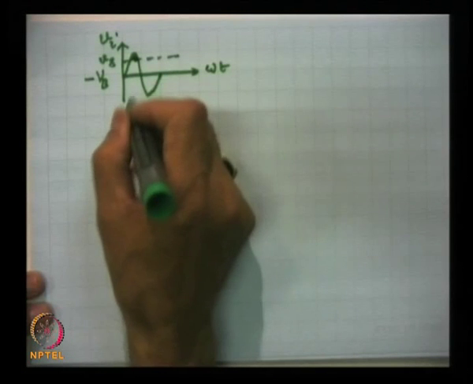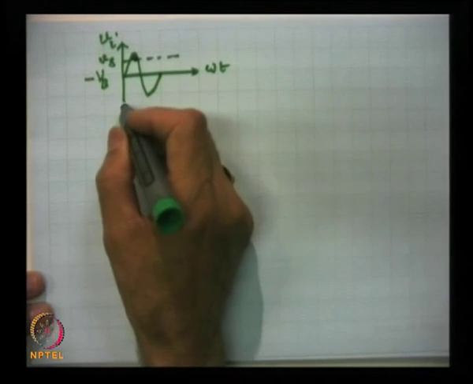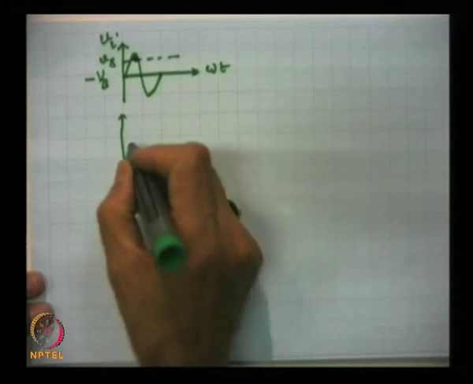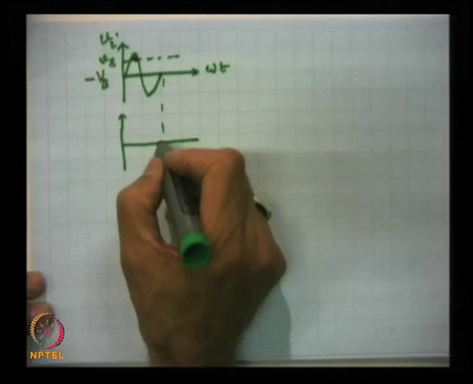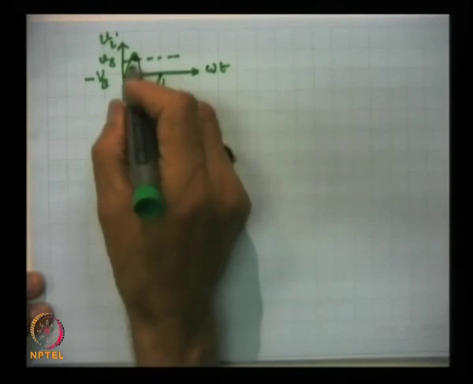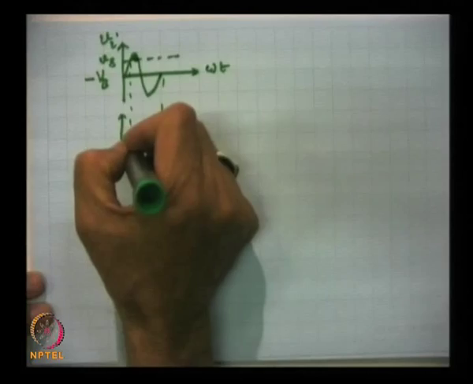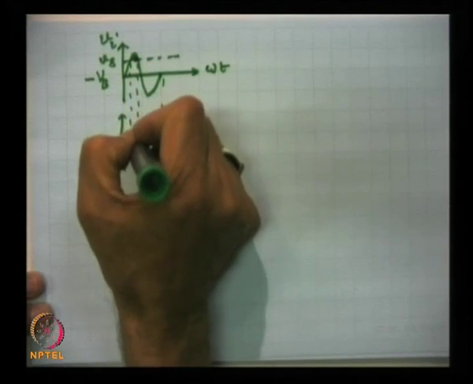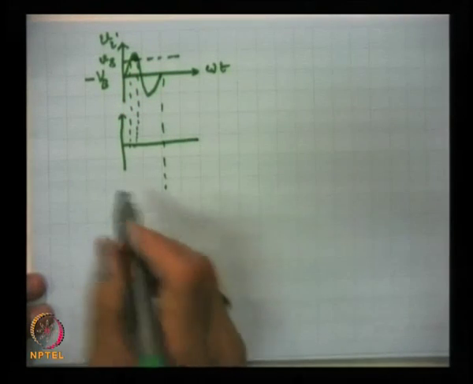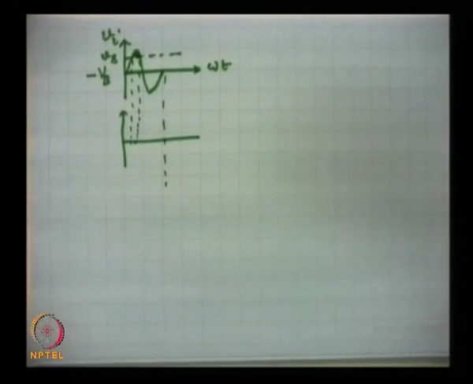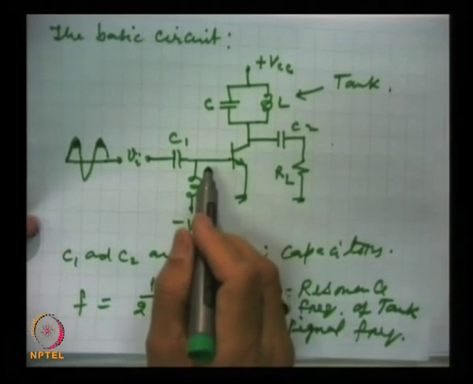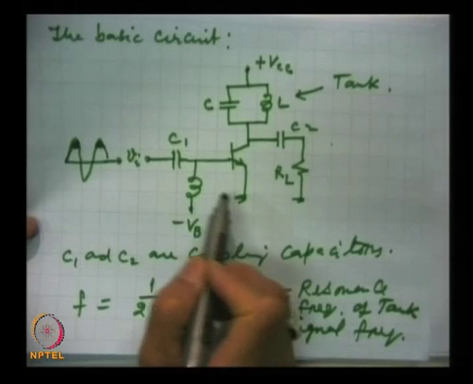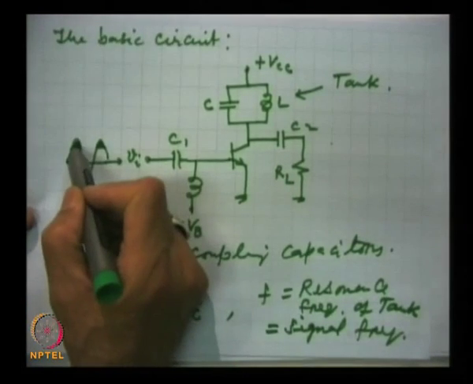Let us see this, IB, the base current in this circuit. Base current will flow only when the emitter base junction is forward biased, and this will be forward biased here.